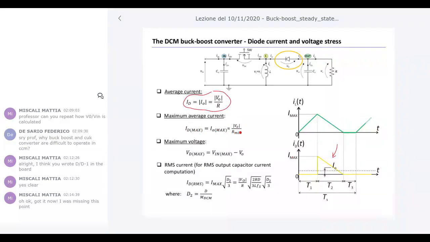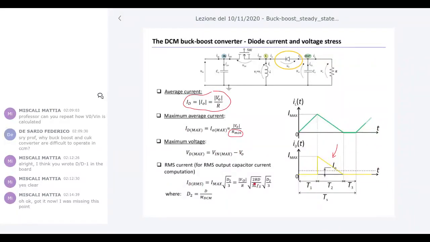Typically, when you design components, you have to consider the worst case situation. So for the conduction losses, you have to compute the maximum average current flowing to the component, so you have to consider the minimum resistance that you can have by specifications. The maximum reverse voltage is the summation of the input and output voltage, as in CCM, so already done.